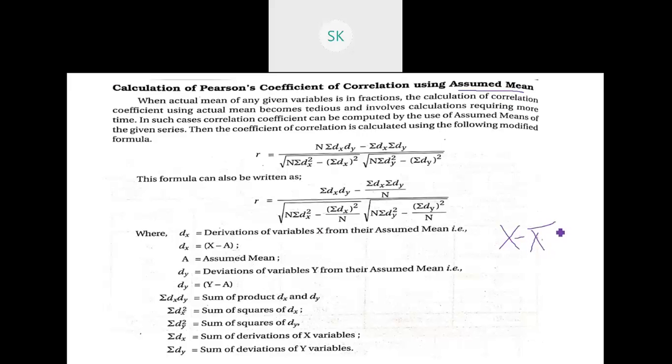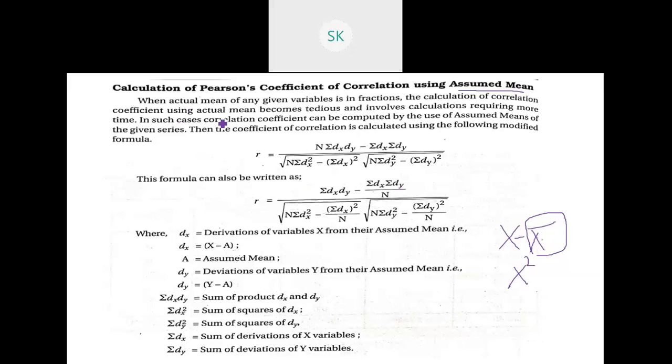When you get decimals, it is difficult to calculate the deviations. Once you calculate deviations, you are supposed to square them, and with decimal points the calculations become tedious. Sometimes because of decimal numbers, you might not get the proper correlation coefficient. That is why, if you get decimals in the arithmetic mean, we use the assumed mean to make the calculation easier.